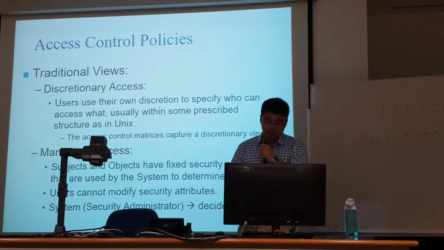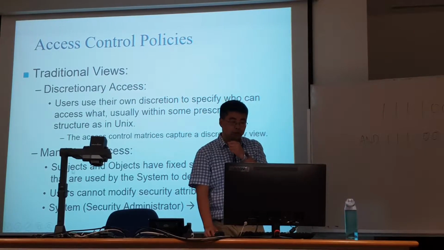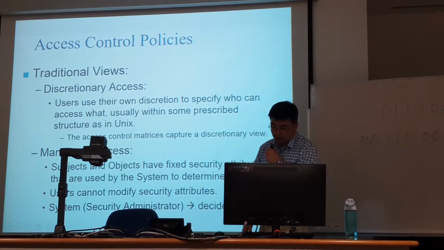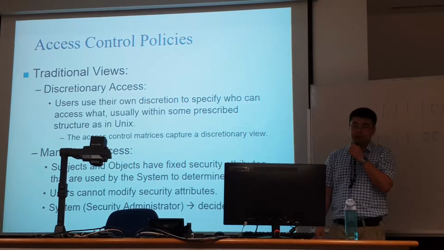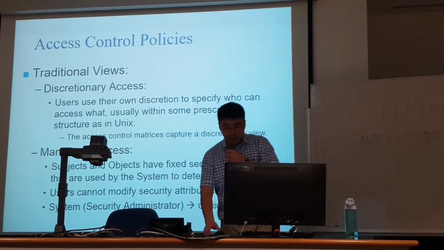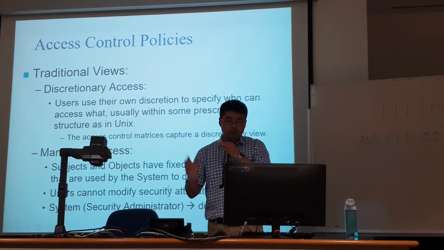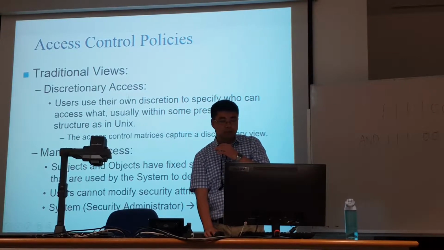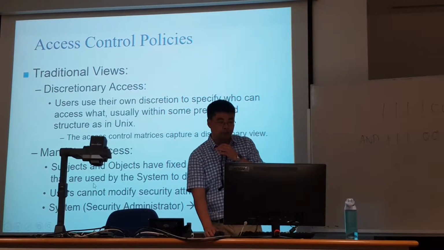And then, in general, we can have both discretionary access control and also the so-called mandatory access control. Mandatory access control is no longer controlled by the user. These are rules controlled by the system. So in this case, even if you create a file, you can specify the discretionary access control part, but you cannot modify the mandatory access control part.